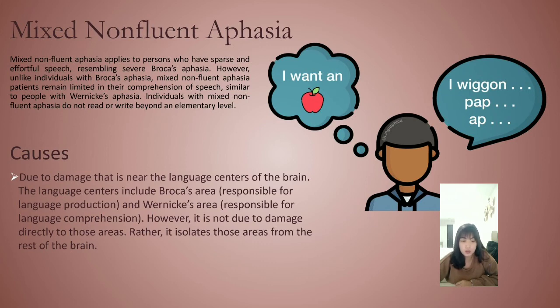It can be caused by damage that is near the language centers of the brain. The language centers include Broca's area, which is responsible for language production, and Wernicke's area, which is responsible for language comprehension. However, it is not due to damage directly to those areas. Rather, it isolates those areas from the rest of the brain. And the symptoms of mixed non-fluent aphasia can affect two things.